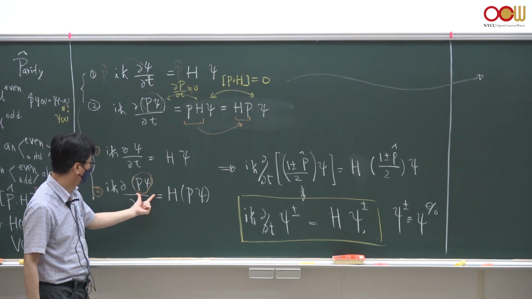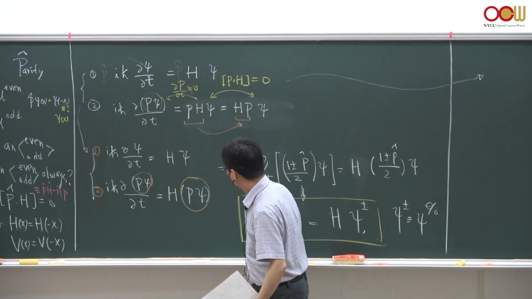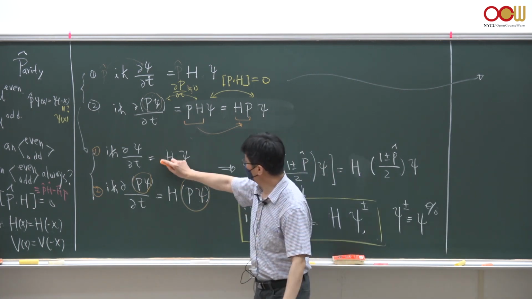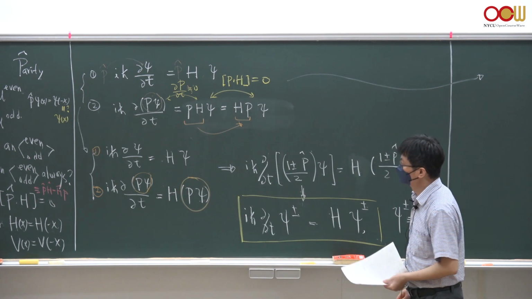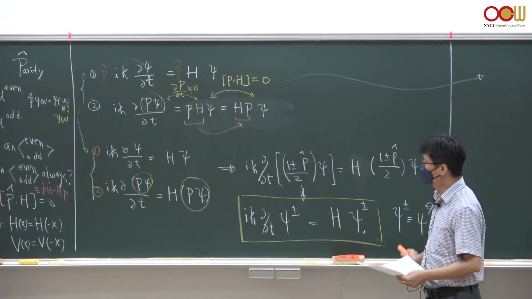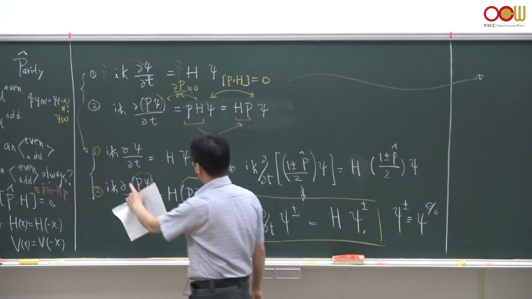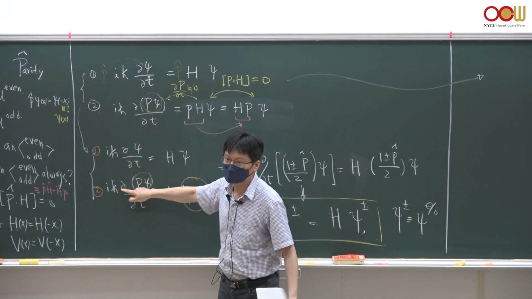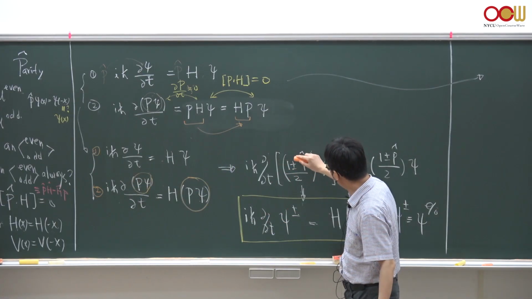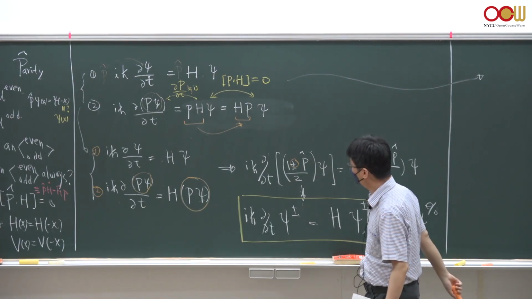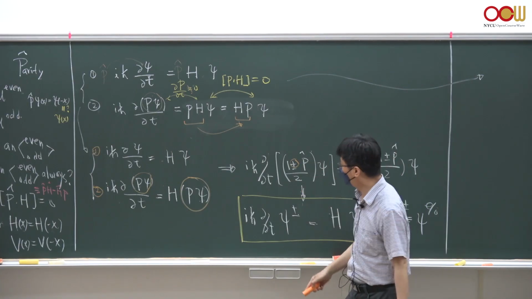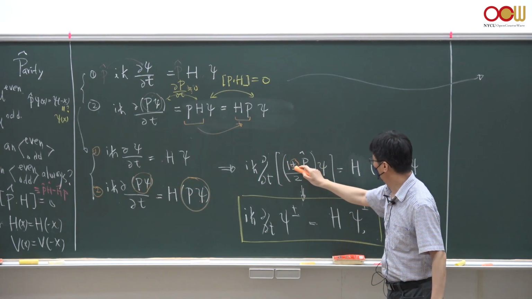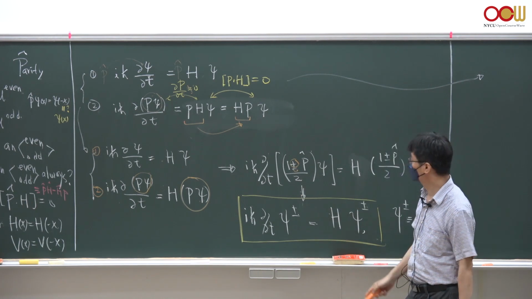I should mark this P psi as a new wave function. These two equations are satisfied simultaneously. So I can simply make linear combinations of these two equations. I could take the sum of the two divided by 2, and I get 1 plus the parity operator divided by 2 acting on psi. Or I could subtract one from the other and get 1 minus the parity operator divided by 2 acting on psi.